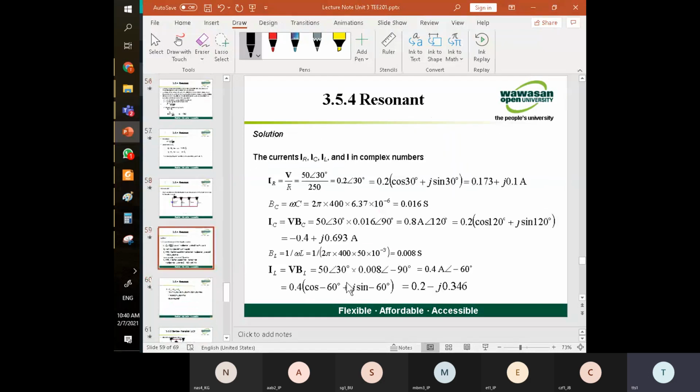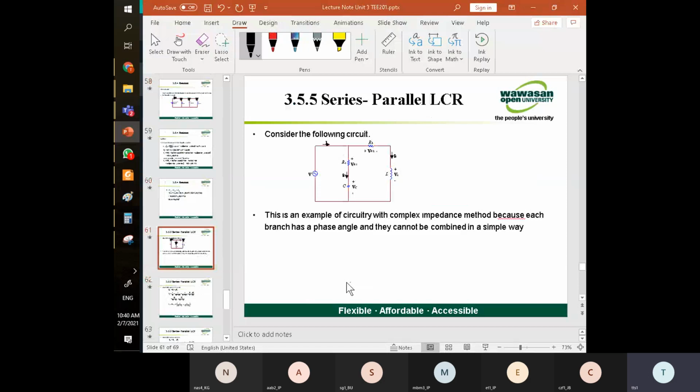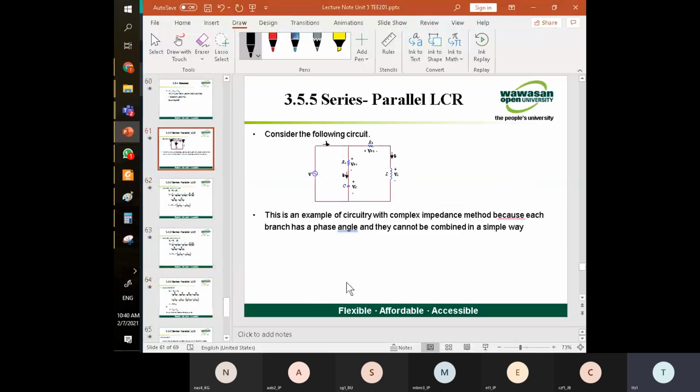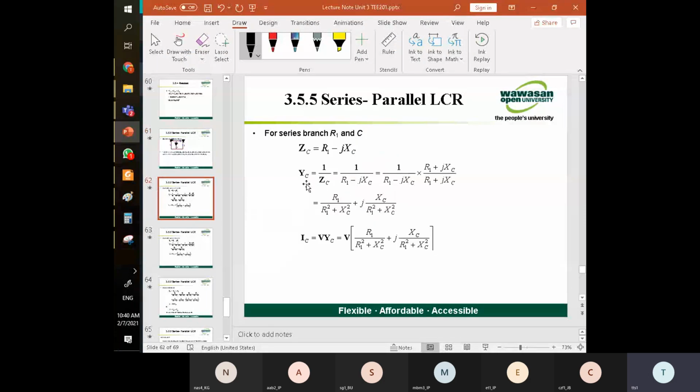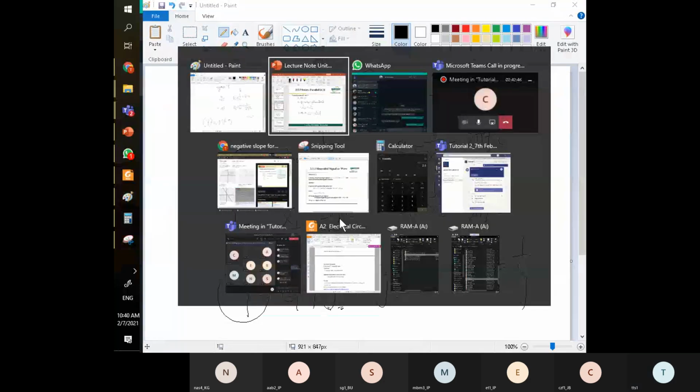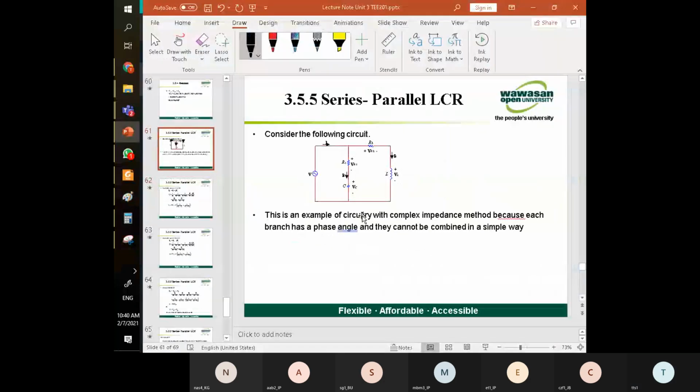Here is an example. Let's see when we put them in series and parallel. So here is part series and part parallel, right? The Z is an impedance, R minus jXC. R and C are in series, right?